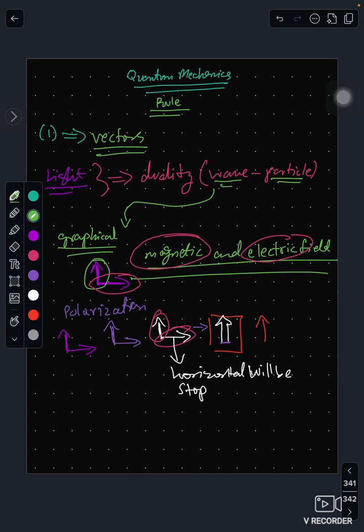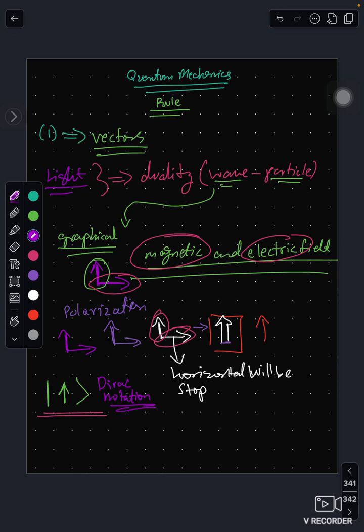And in terms of mathematical representation, we can write it like this. This is what we call a ket. It's Dirac notation.